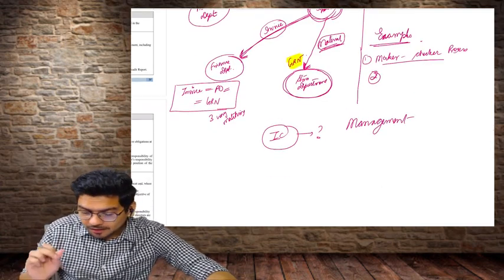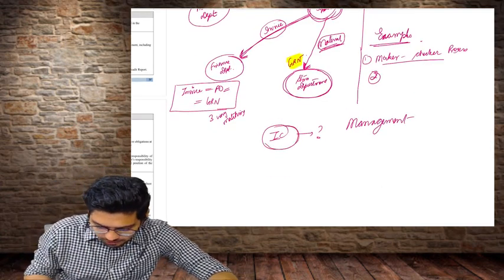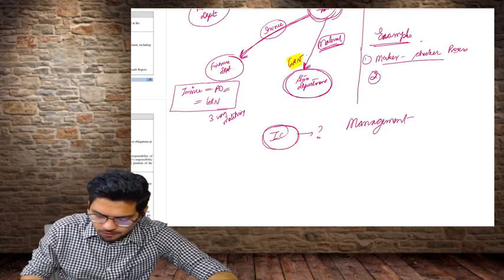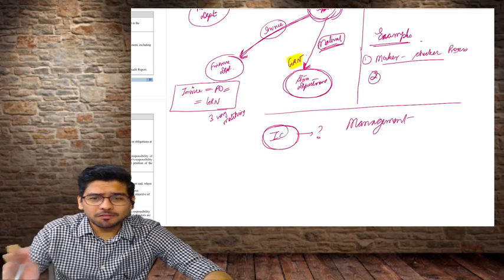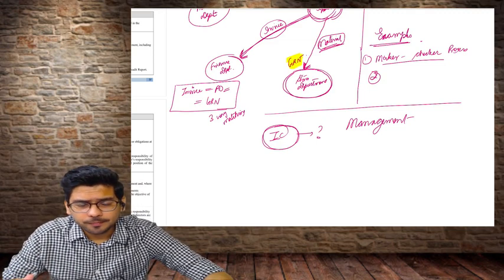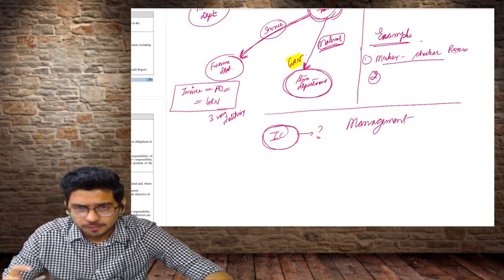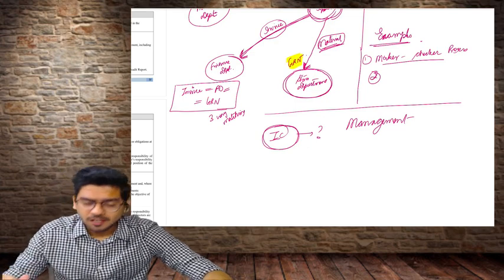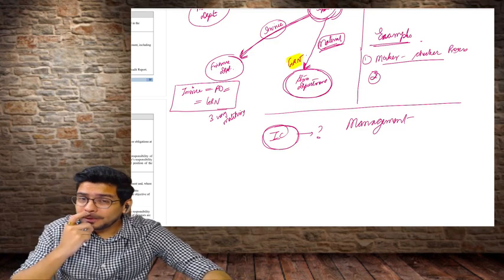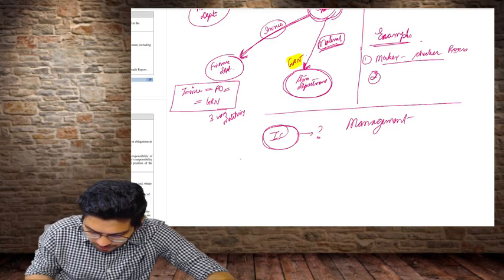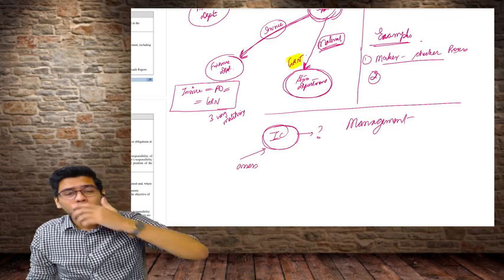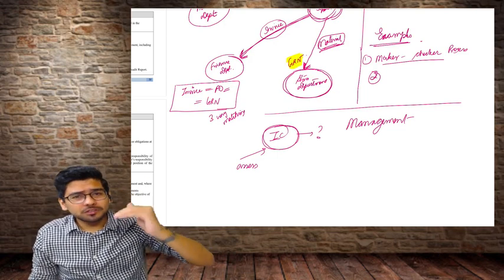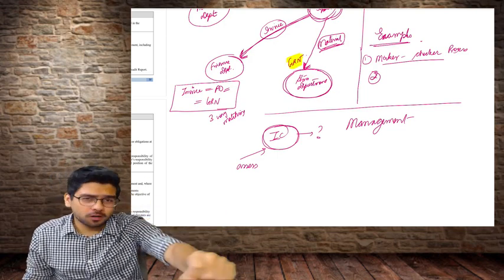Now please understand, as an auditor, please be very careful on this. As an auditor, what is our responsibility with respect to internal controls? As an auditor, we basically try and understand this. We just assess how the system of internal controls is in the organization.